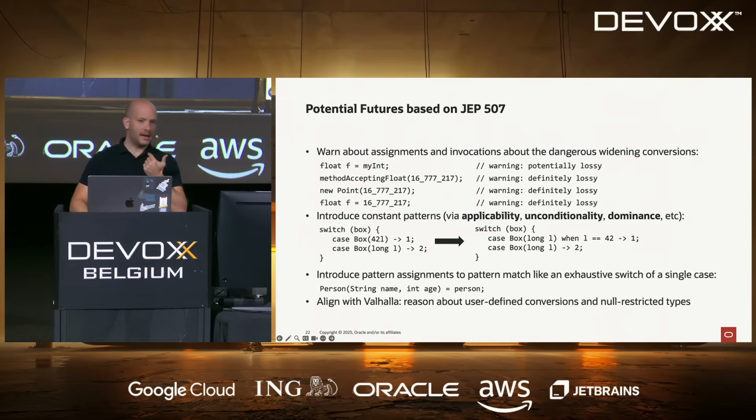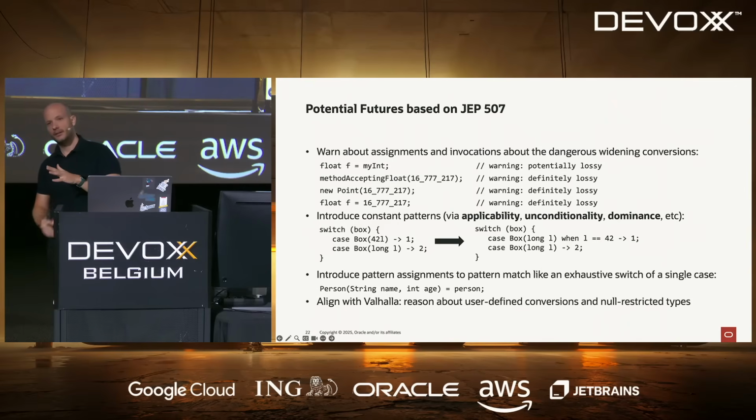And then the last part is to align with Valhalla, because Valhalla, and now we are circling back to the first slide when I talked about new conversions. So if we talked about instanceof that can safeguard all existing conversions, and Valhalla may introduce new kinds of conversions, it needs to also plug into this framework.